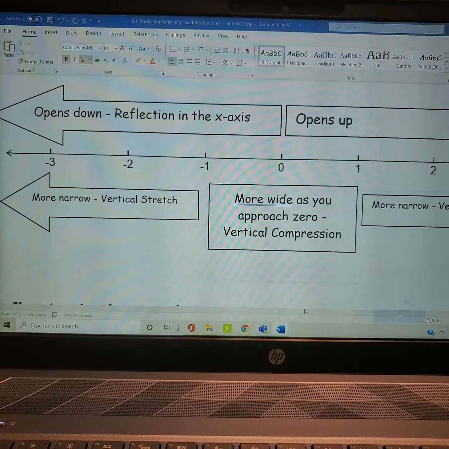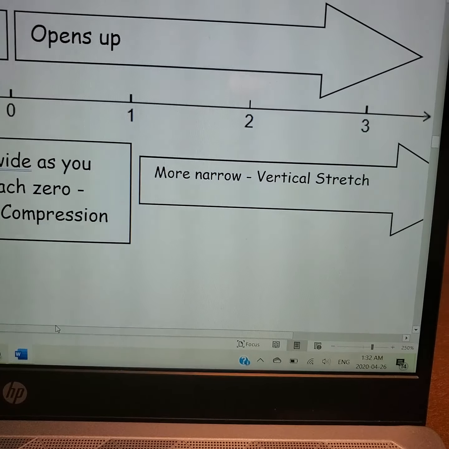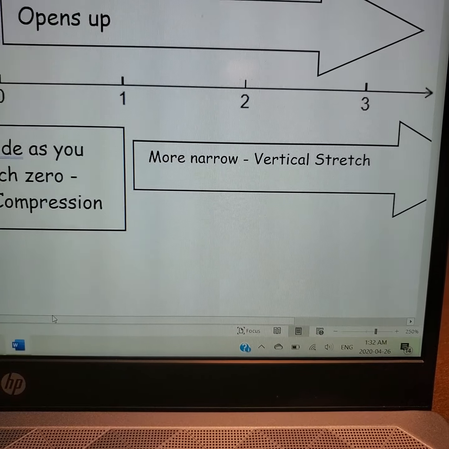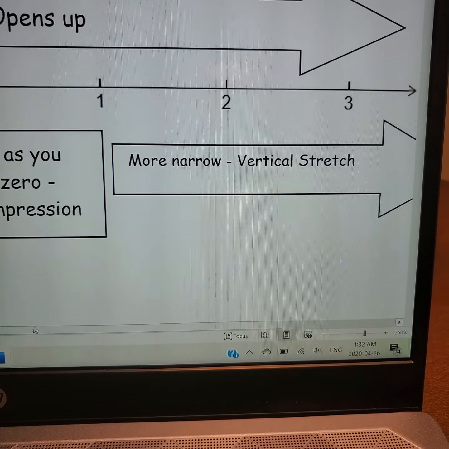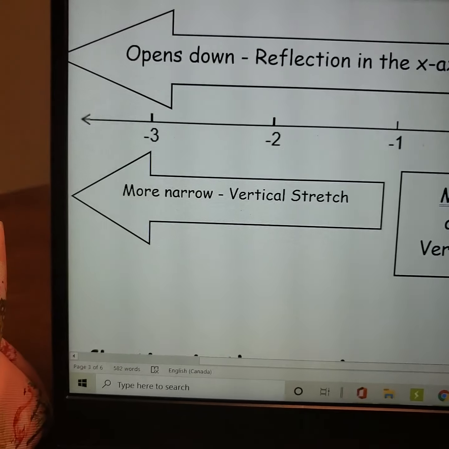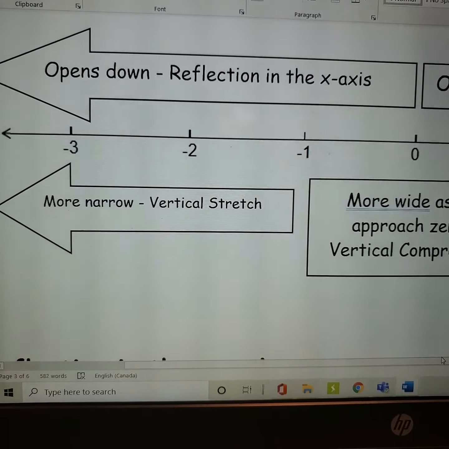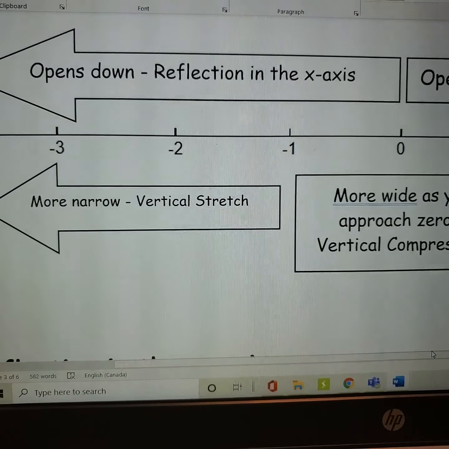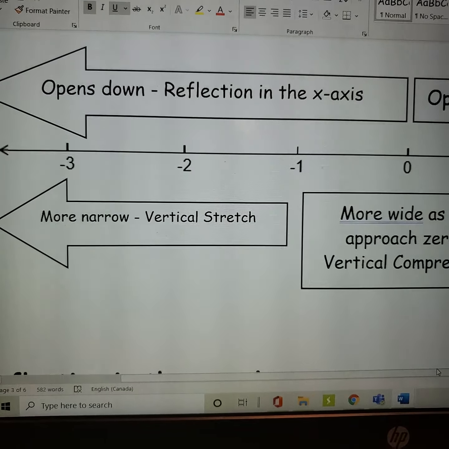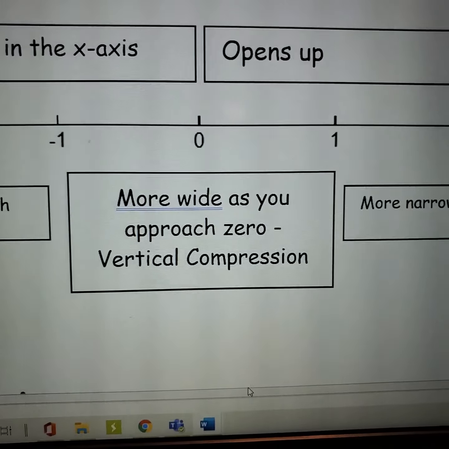Let's go back to my note. So the further we move away from 0, the more narrow the parabola gets, and we call that a vertical stretch. So you could have a vertical stretch on its own, or we could have a vertical stretch for a parabola that was already reflected in the x-axis, and I'll talk more about that later. Now, the opposite of a vertical stretch is a vertical compression.